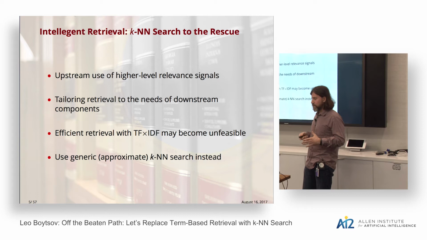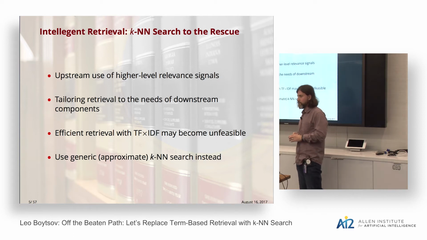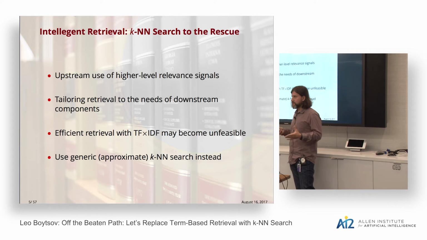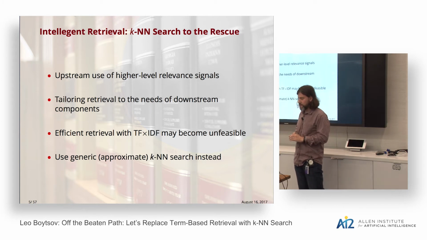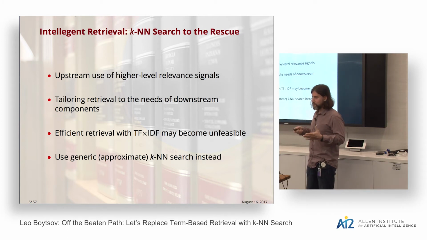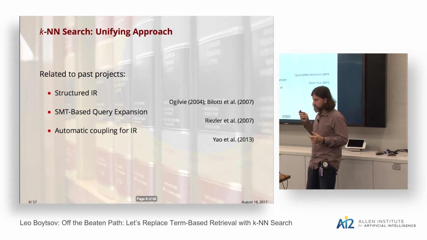So at some point, we wouldn't be able to use a simple TF-IDF based retrieval, which is in fact a simple form of exact KNN search using the maximum inner product similarity, and we would need to replace it with a more generic and more flexible algorithm for KNN search.